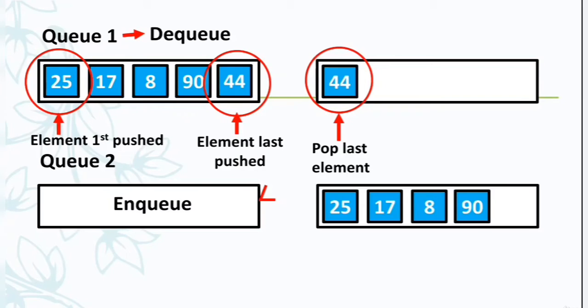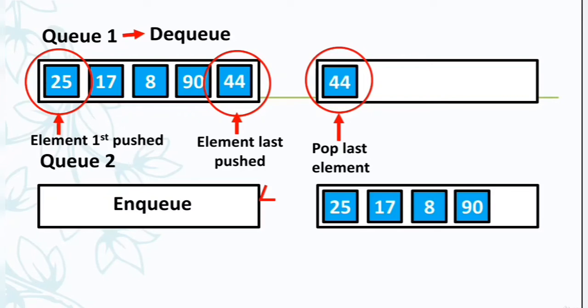In this case, you can see the first element pushed was 25 and the last element pushed was 44. According to a stack, in the pop operation we should get the element which we inputted last. We inputted 44 at the last position, so we will get the element 44 as output.